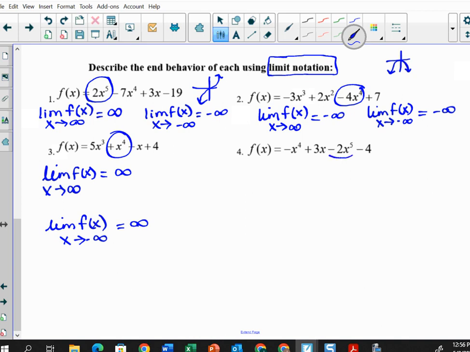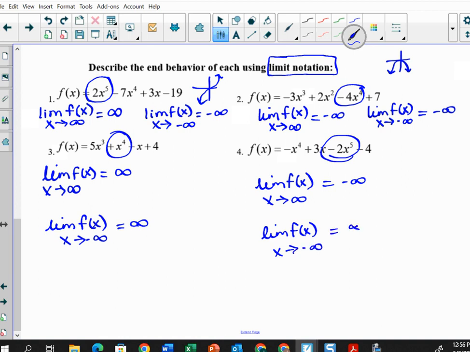So this one, I care about the negative 2x to the 5th. So the limit of f of x as x approaches infinity, what is that? And then the other one, yes. Okay. Easy enough, right? You're familiar with that?